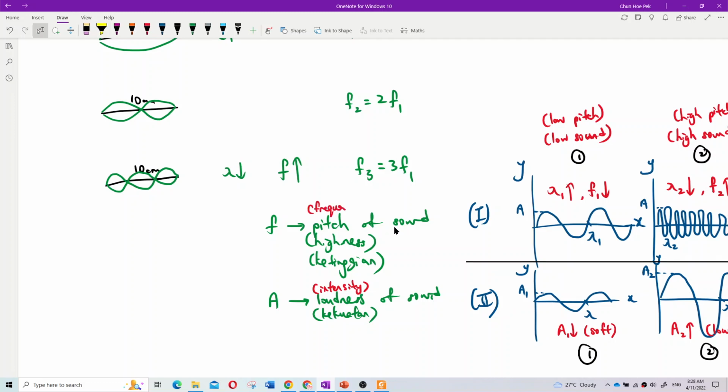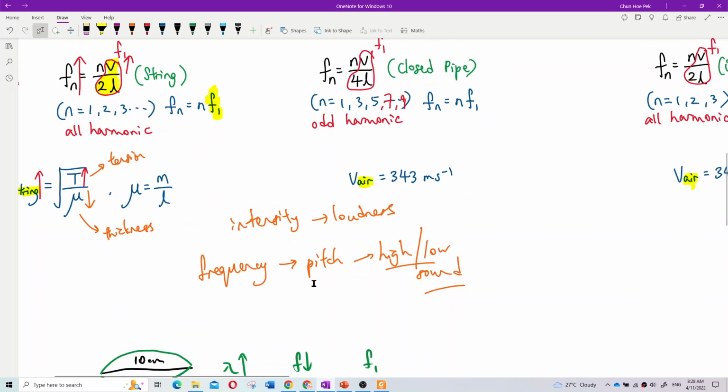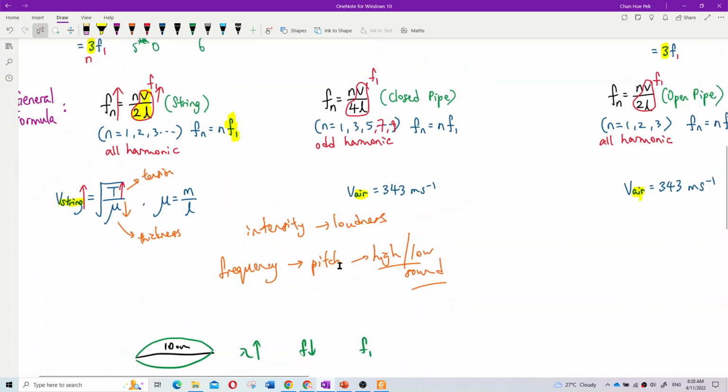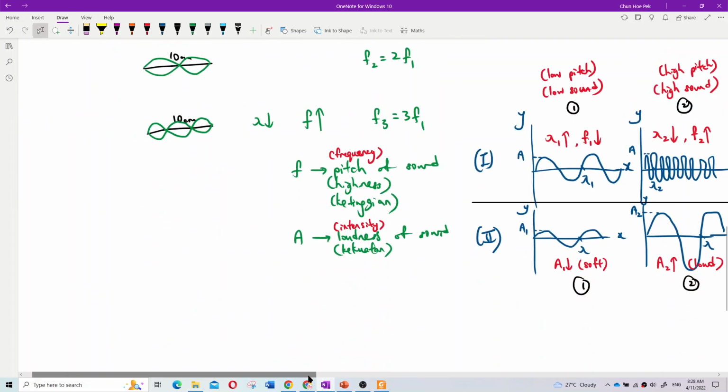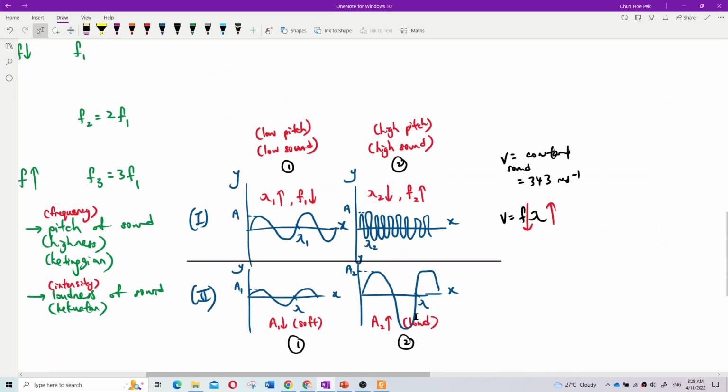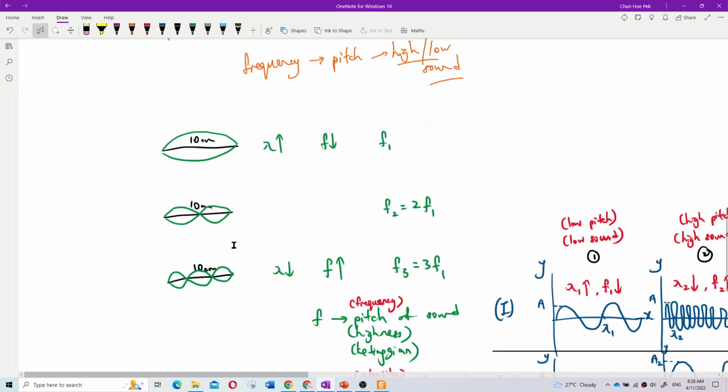Frequency is highness of sound. Intensity is loudness of sound. Last time I taught this before in my old video, but not as detailed as this. I even draw the diagram for you, to demonstrate the idea even clearer.